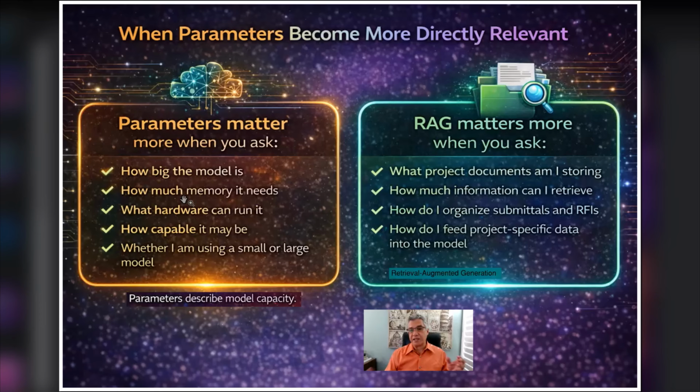That's why a 10 billion model will require a faster computer than a 1 billion model. But if you talk about the RAG, this is the information you provide to the model. This information could be stored on your hard disk, so you're going to be required to have a bigger hard disk, or if the information is stored in the cloud, you're going to require a bigger cloud space.